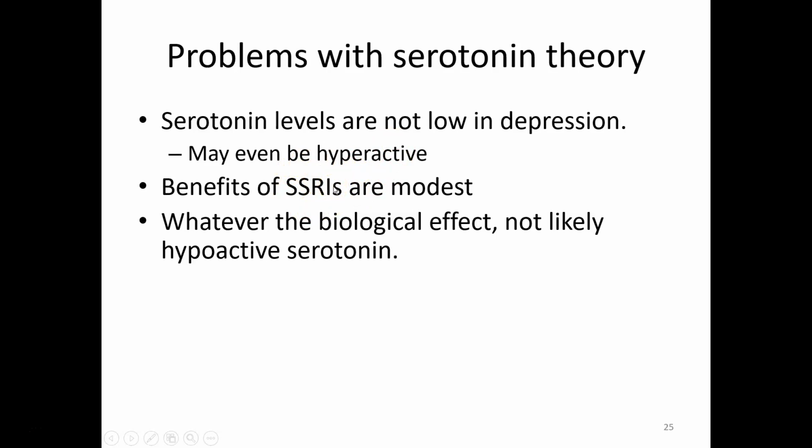So the benefits of selective serotonin reuptake inhibitors are pretty modest. Whatever the biological effect with depression is, it may not be hypoactive serotonin. We'll talk some more about some of these different biological issues, genetic effects, and treatments for depression next time.